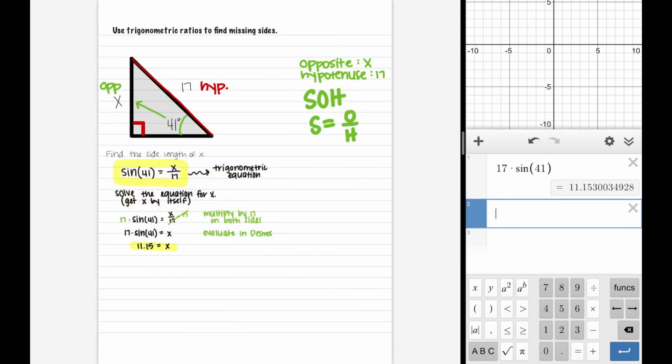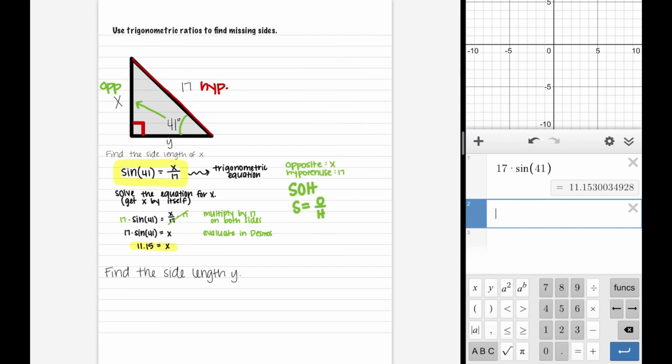So that was our process for finding the side length of x. Now let's find the side length of, we'll call this side y. All right, well, if we're looking for side length y from angle 41, we have to consider what is the relationship between that angle and that side.